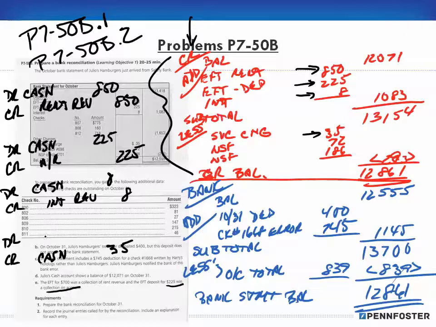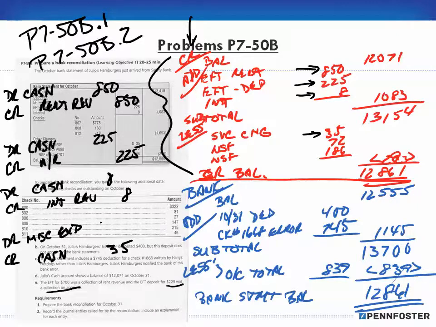If I had something called bank fees or bank charges, I would use those accounts. I look at my chart of accounts and see if I have something like that, and that would be the account I would use. But if I don't have anything like that, then I would put it to miscellaneous expense.